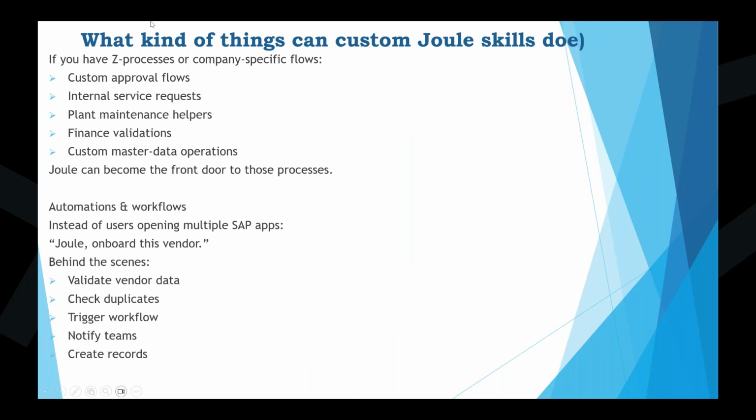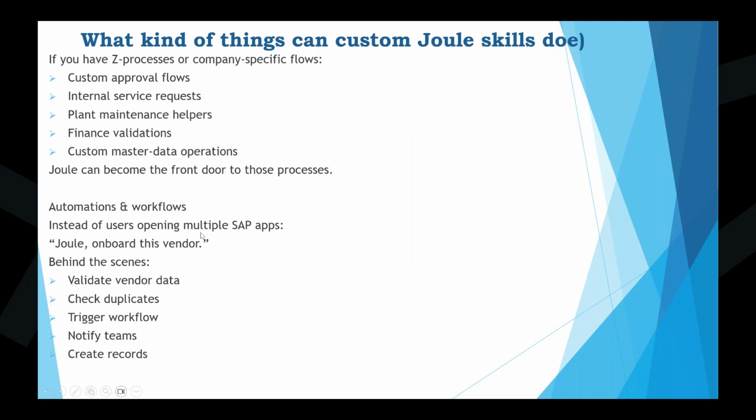Next, if you have a process or company-specific flows, we have to build custom work approval flows, internal service requests, plant maintenance helpers, financial validations, and customer master data operations. Joule can become the front door to these processes, automations and workflows.